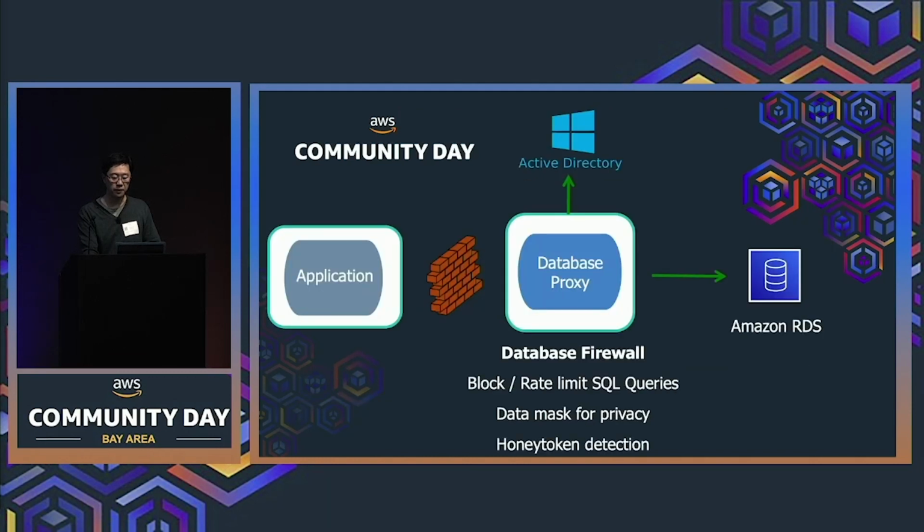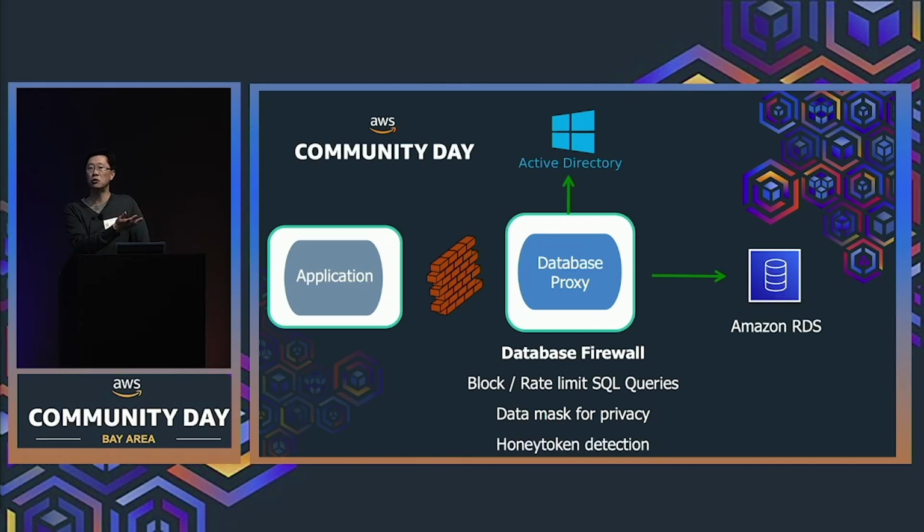Another solution is using a database proxy, and a proxy can help enforce Active Directory and LDAP policies as well. And that's done without any code changes, and there's no manual work. And the very fact that a database proxy is doing that will support segregation of duty compliance, because the database administrator for, let's say, Amazon RDS does not have to manually create those roles.